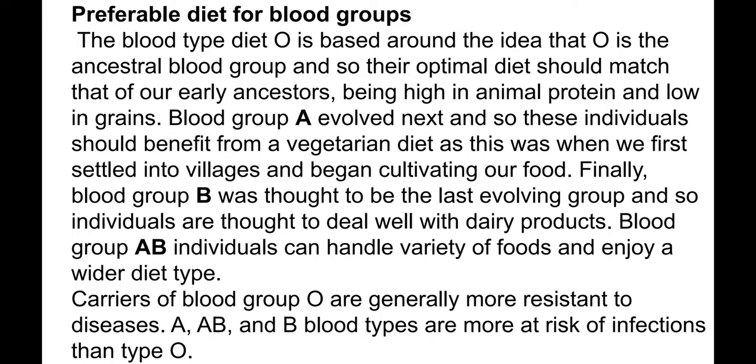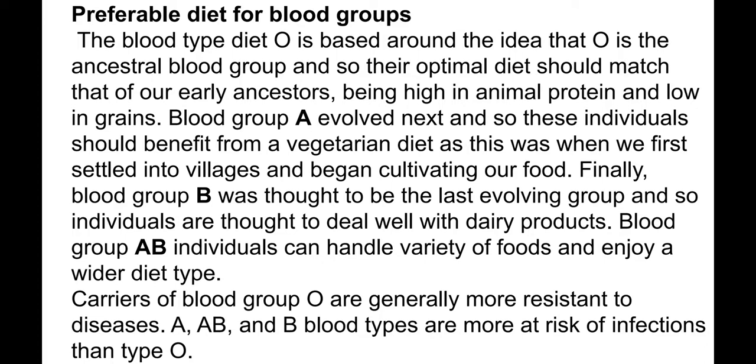There are some speculations about why type O has higher acidity. Type O is considered a very old blood type, and a long time ago our ancestors were eating mostly animal proteins and animal-based food, and this gave such a connection to the acidity of the gastric juice.